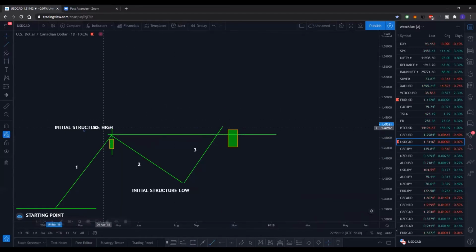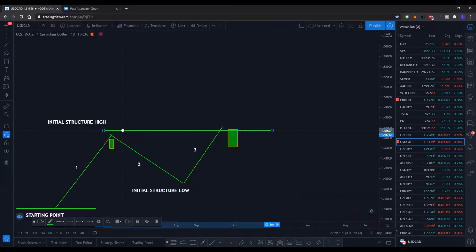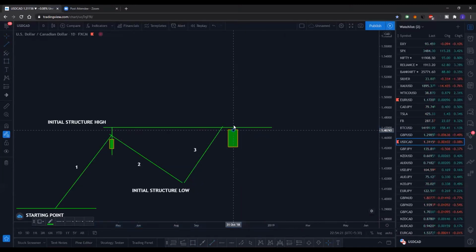If that was the previous structure high, then we need a candle which is breaking and closing above it. Not like this. This is not breaking and closing. This is just breaking, but had difficulty in closing above the previous structure. Once we have a break and close above the previous structure high, that is the time we can say that the market is in an uptrend.